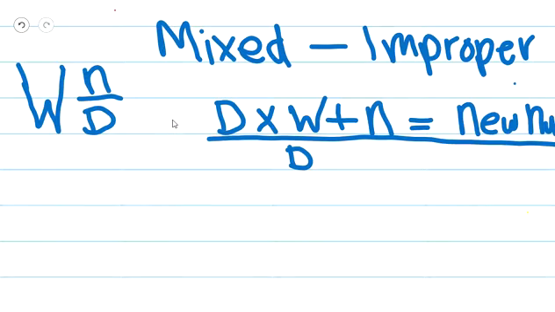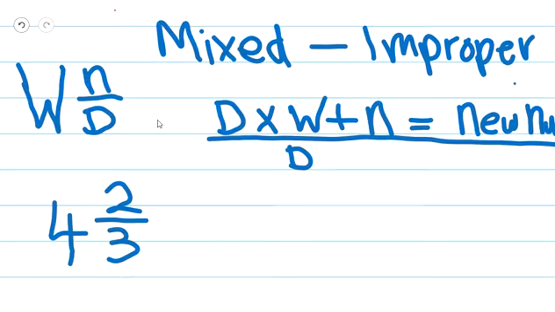Now let's do an example right here. The perfect example to start off with is, let's say, 4 and 2/3. Again, remember what I said earlier: denominator multiplied by whole number plus numerator.